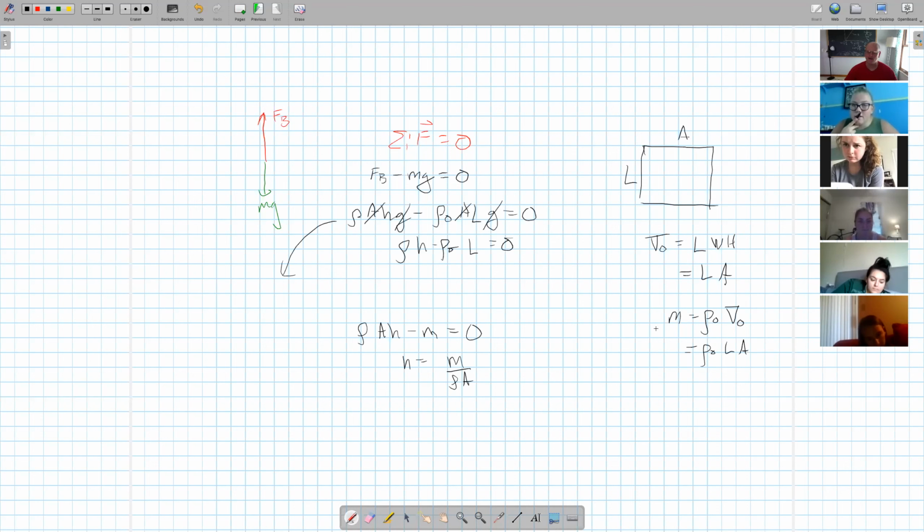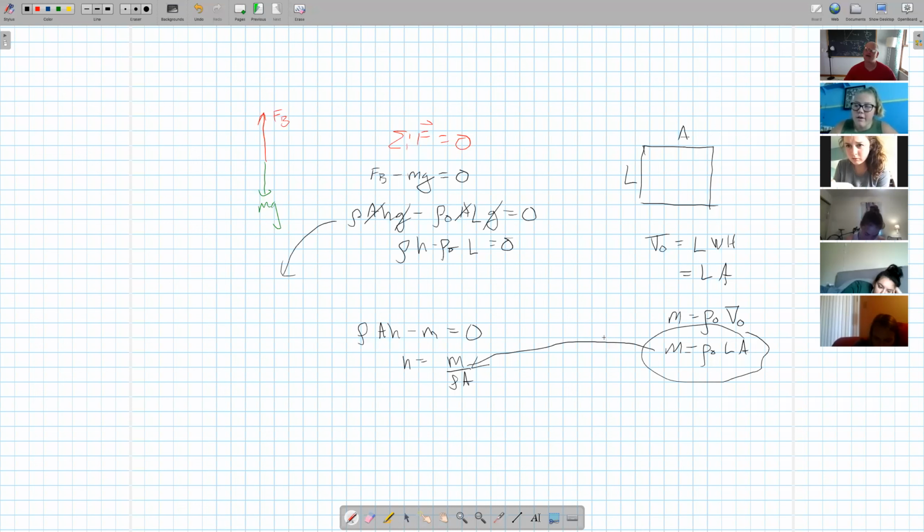Right. Good. So the only thing I'm doing now is I'm using this extra step that the mass is actually this, and now I'm substituting it in here. Do you have to? Well, not necessarily. If I only gave you the mass of the object, then no, you would not have to do that.